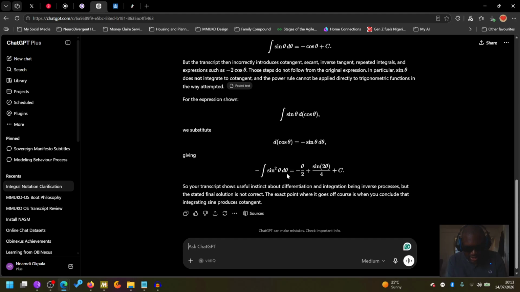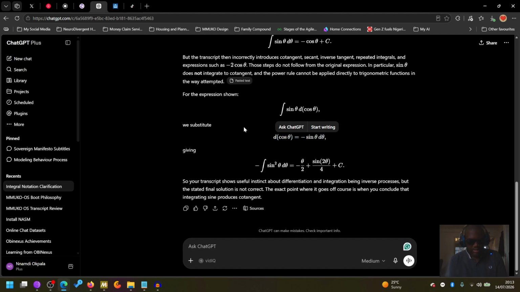Negative integral sign out. Let's substitute.